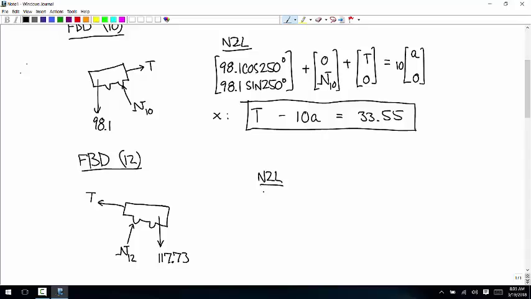So Newton's second law: 117.73 times cosine and sine of 300.